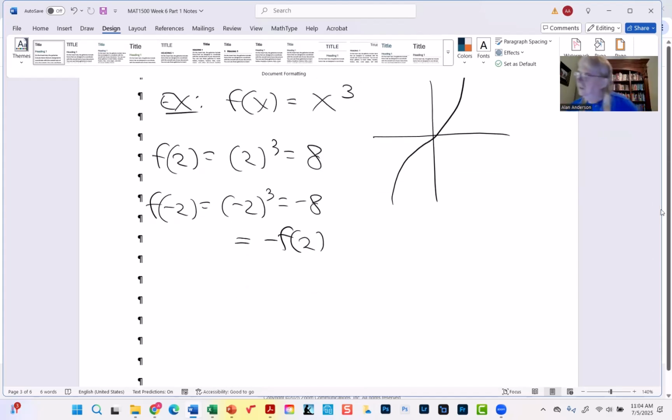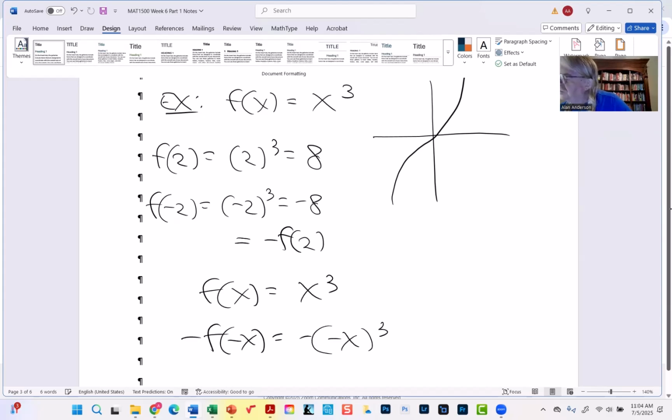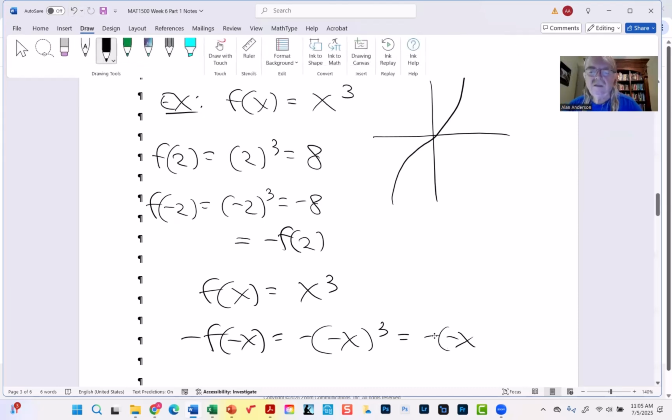So the way to prove that is to say, well, if f of x is x cubed, negative f of negative x will be negative of negative x cubed, which is x cubed.